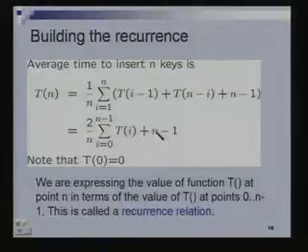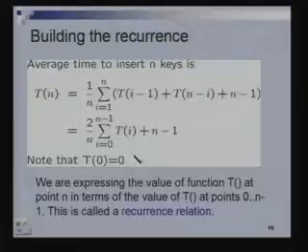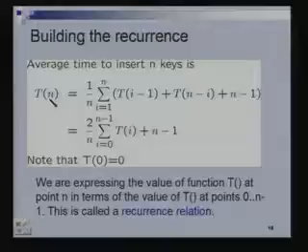So n equals 1, and 1 minus 1 is 0. So T of 1 is 0, which we just argued. So T of 0 and T of 1 are both 0. I can now use that to compute T of 2. So what will I get as the value of T of 2?